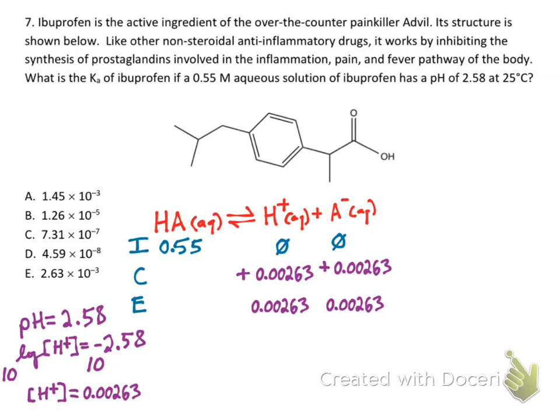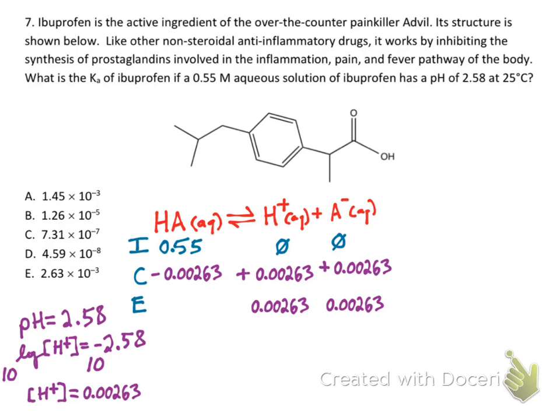Now then, we could technically find the precise equilibrium amount of HA, so I'm going to do that. It's not necessary, though. We always make the assumption with weak acids, if the K values are on an order of 10 to the negative fifth or less, that the change is going to be insignificant compared to the initial amount. And this will actually show us that is indeed true.